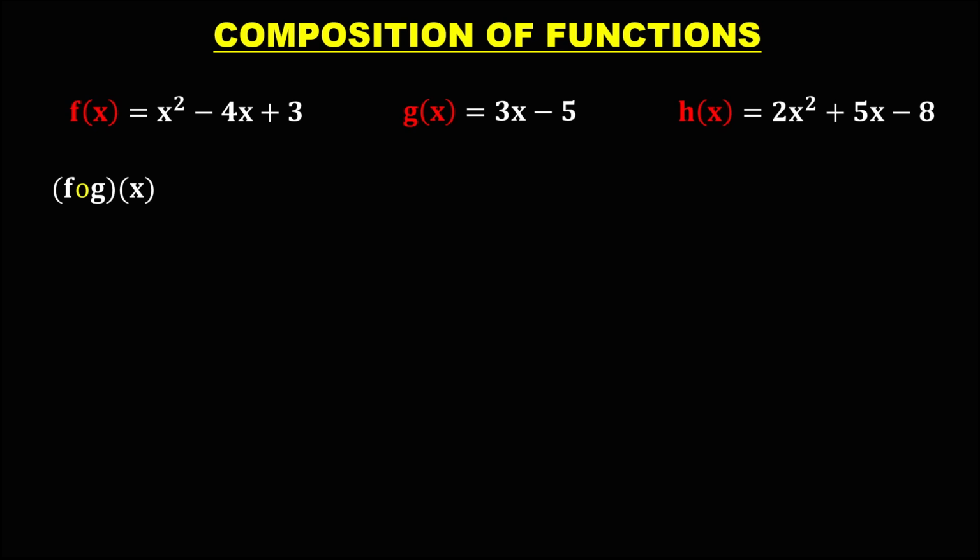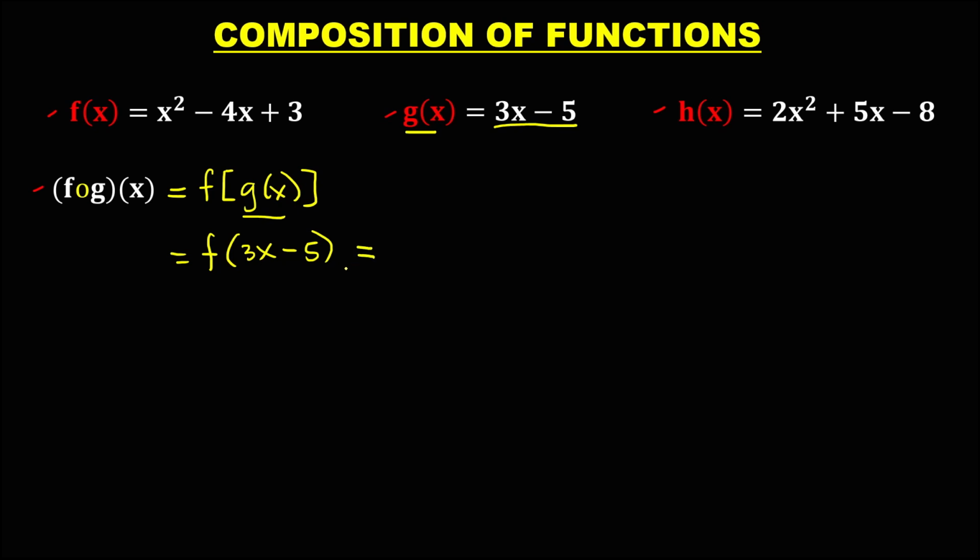So for this composition of functions, given this f of x, g of x, and h of x, from this given, since this composition is equal to f of g of x, we need to replace this g of x by this equation. So f of 3x minus 5.